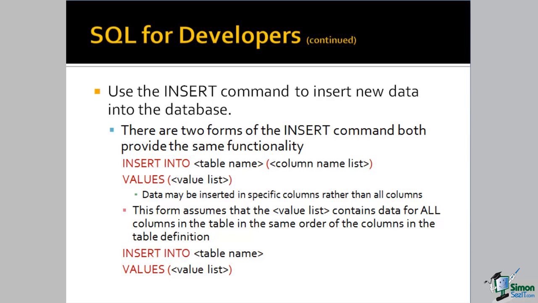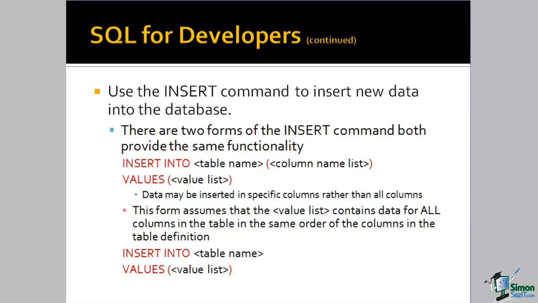When we want to insert data into a table, the command is insert into. Very intuitive. Insert into some table, and then within parentheses, we list the columns into which we want to insert the data.